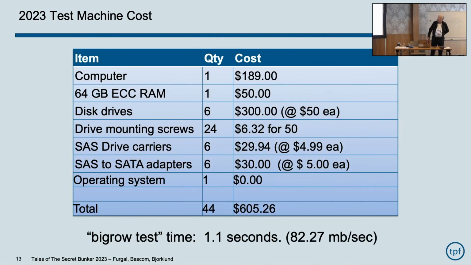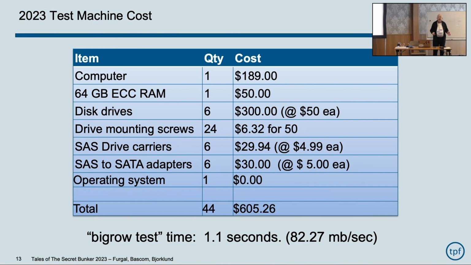You can see here what all of the components cost that we bought. So the computer itself was $189, and then I had to buy some other stuff to make it usable. It came with one small disk drive, not useful for us. Anyway, so $600 US in total for this machine, which is now 14 years old.